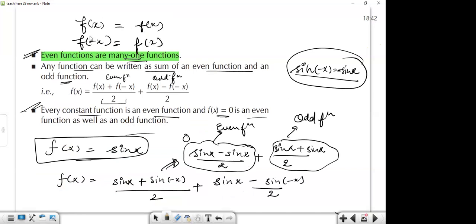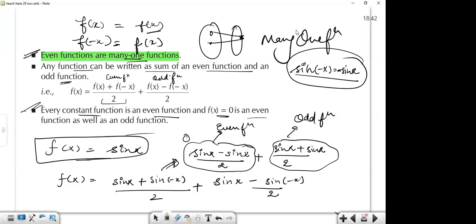So for two different inputs, there are the same outputs. That's why in mapping it will be written like this. So this is a many-one function. Clear? Yes, sir.